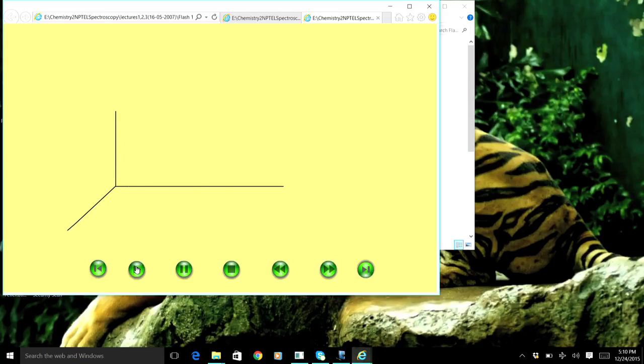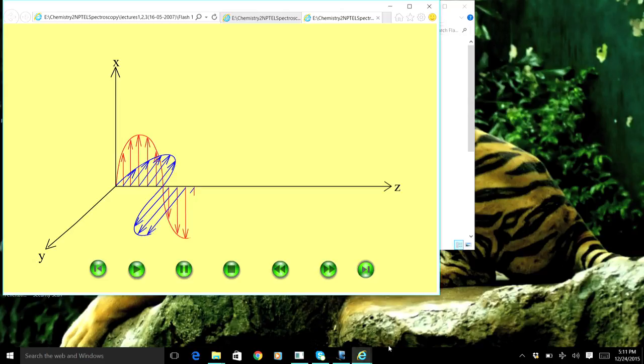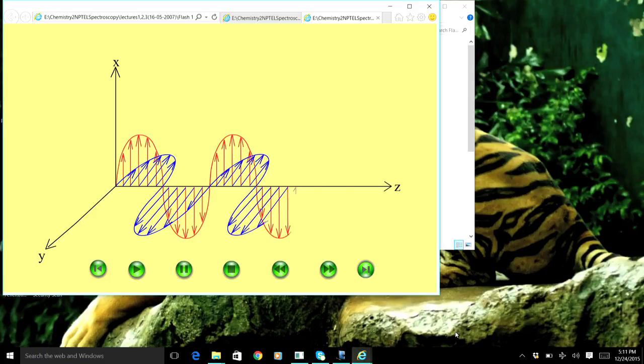What you see here is an axis system XYZ rectilinear in which the time dependent oscillations of the electric and magnetic fields are shown as waves in mutually perpendicular directions. You can see that the blue oscillation is marked as the magnetic field, and it is in the YZ plane.